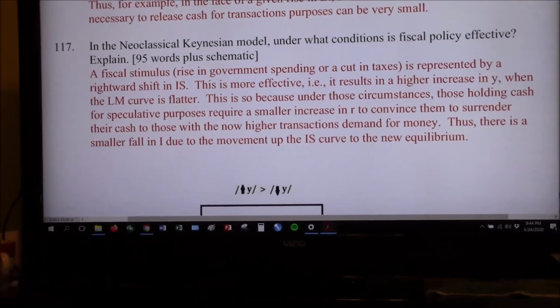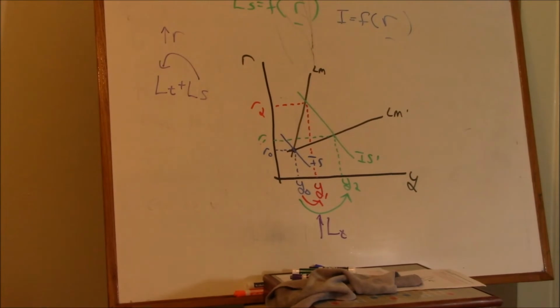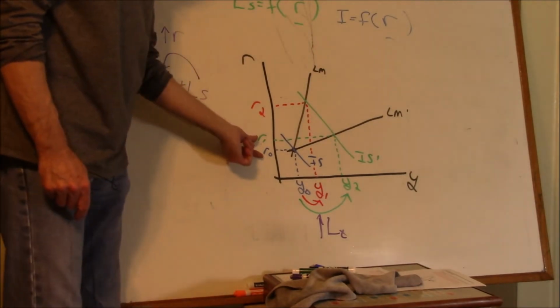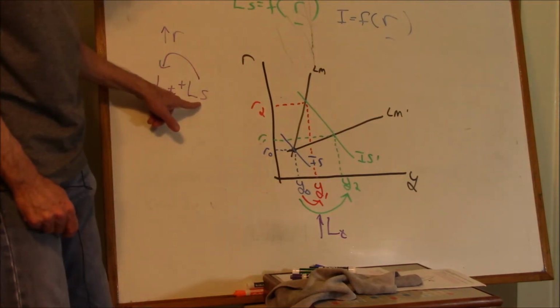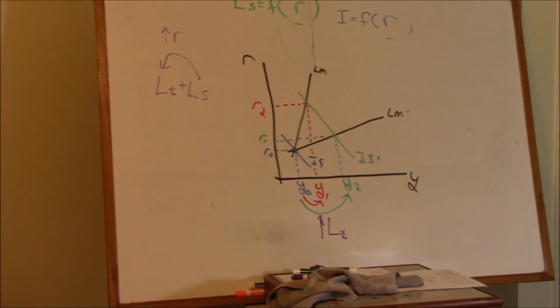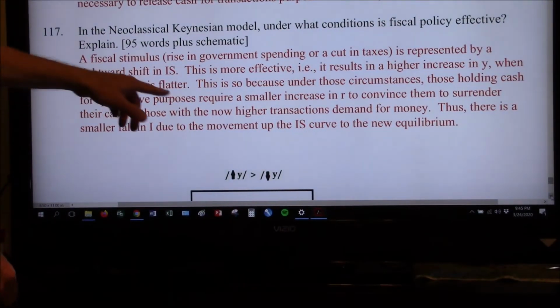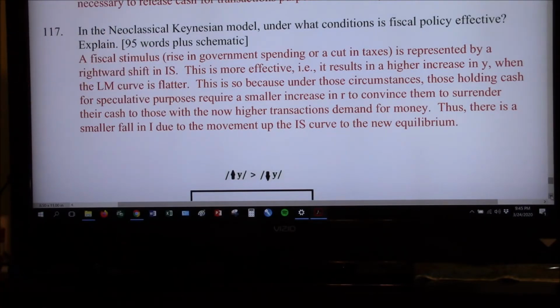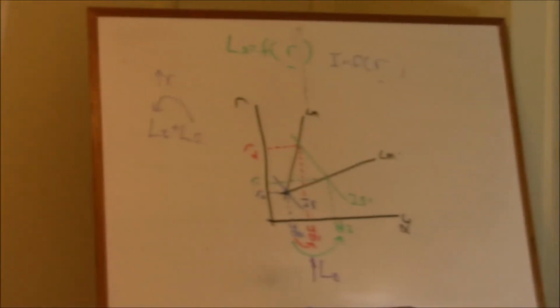Going back over here again. On the flat LM curve, it only required a slight increase in the interest rate to convince these people to give up their cash for these people. That's exactly what the answer just said. Thus, there is a smaller fall in investment due to the movement up the IS curve to the new equilibrium.